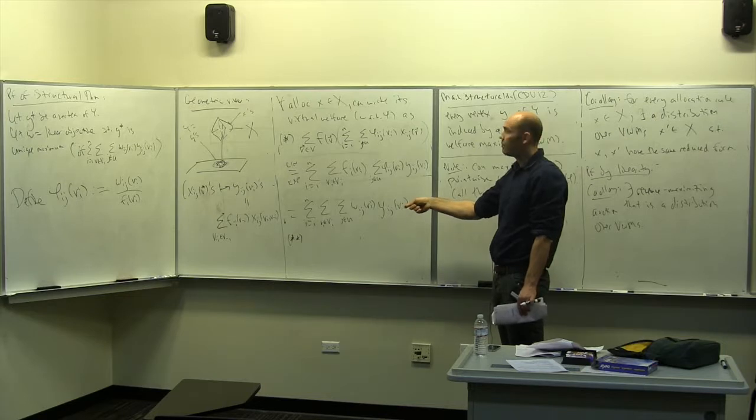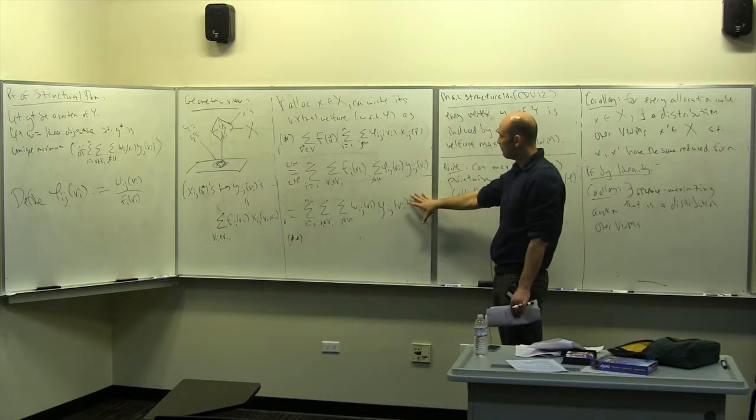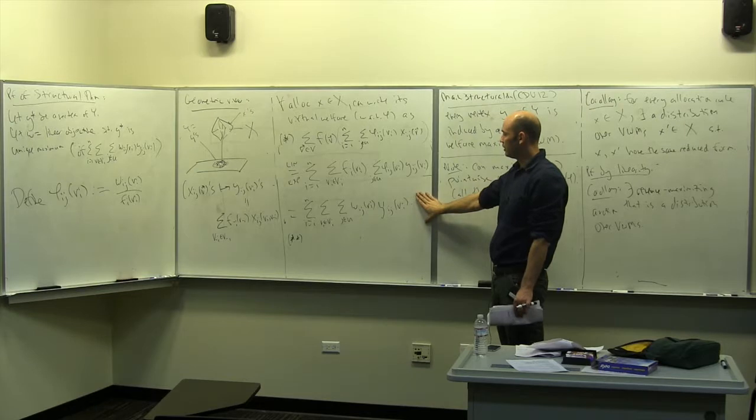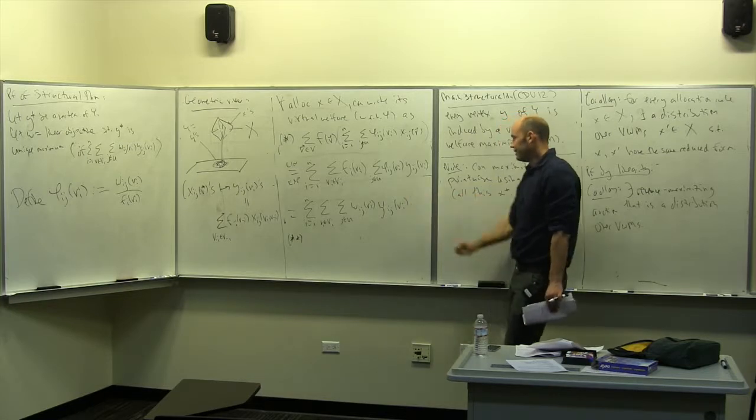Remember, this equivalence holds for every allocation rule, optimal or not. So whatever you're doing, optimizing the virtual welfare, you're equally well maximizing the W weight of your induced reduced form.